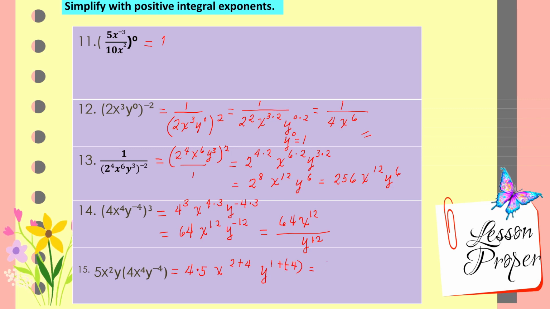The answer is 20, and then x raised to the 6 and y raised to negative 3. Simplifying it further to remove the negative exponent, you will have 20x raised to the 6 divided by y raised to the third power, or y cube. So that is the answer for number 15.